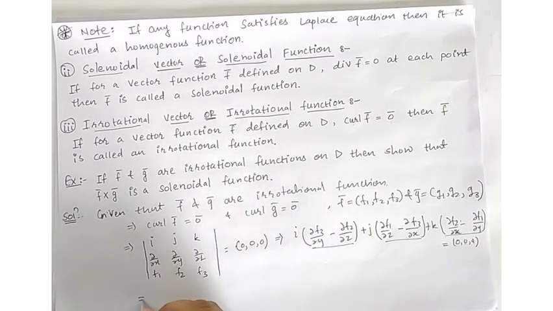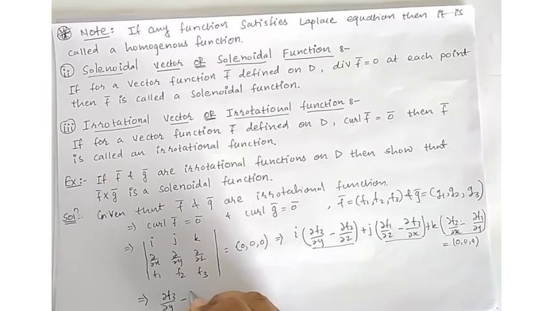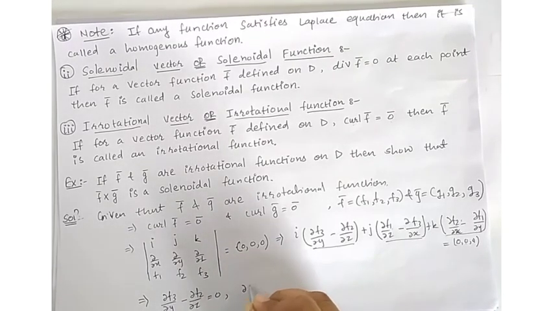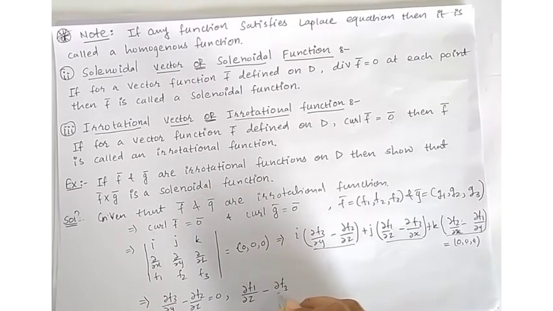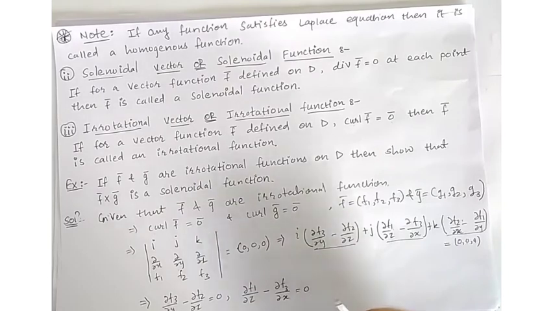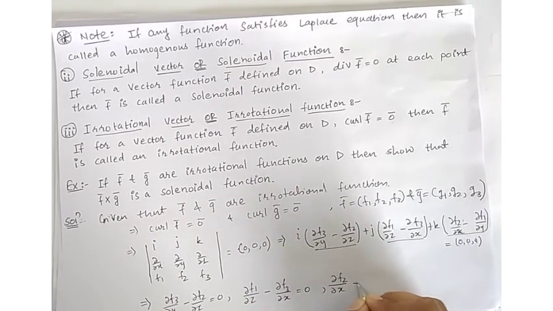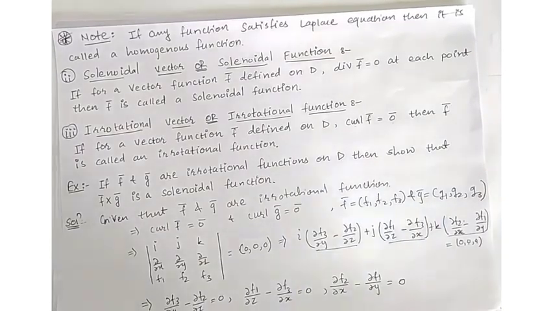So from this we can say that del f3 by del y minus del f2 by del z is 0, del f1 by del z minus del f3 by del x is 0, and del f2 by del x minus del f1 by del y is 0.